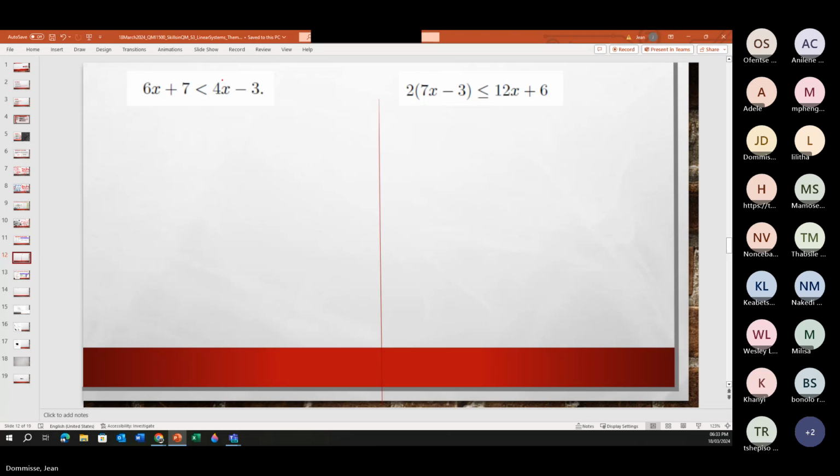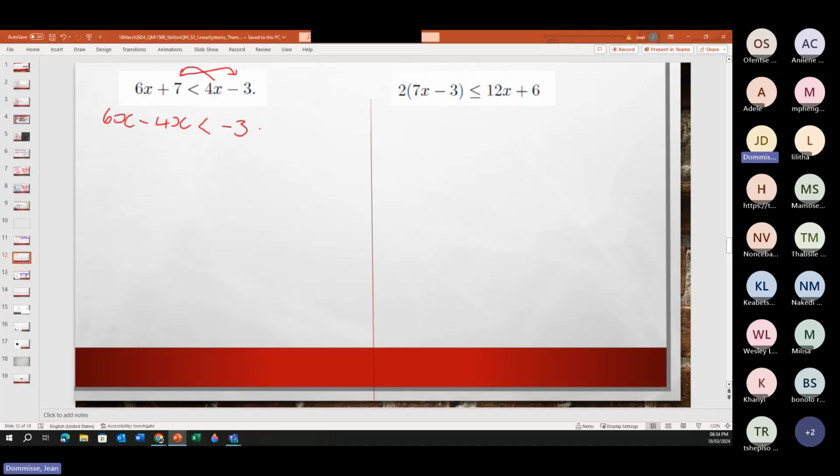So take all the x's to the one side. We will have on the one side 6x minus 4x, which is smaller than, and on the other side minus 3. And if we take the 7, it will be minus 7.